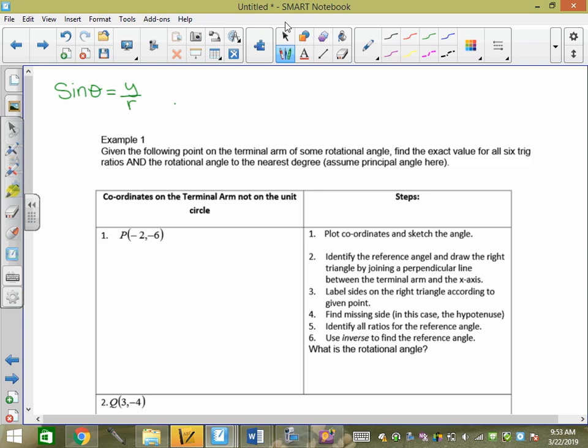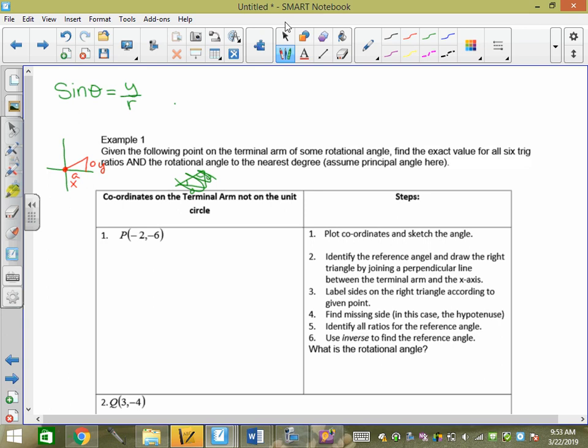When we did SOHCAHTOA, we always looked at just a plain old triangle, but we could look at either angle, and this would be opposite at one point in time, and this would be opposite at another point in time, depending on which angle they gave us to look at. With the unit circle, we're always looking at angles centralized around 0, 0, from 0, 0 to the x-axis. So this is always opposite, and this is always adjacent. This is y, and this is x. Does that make sense?